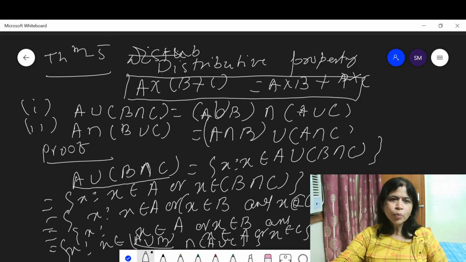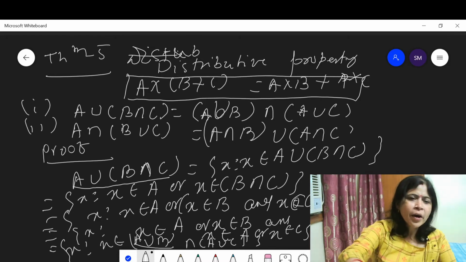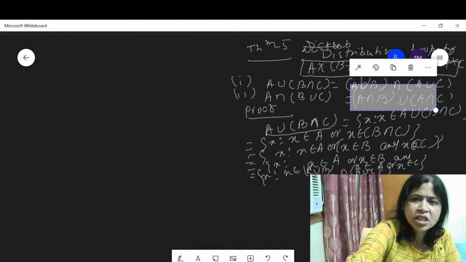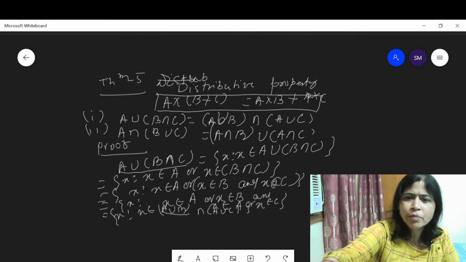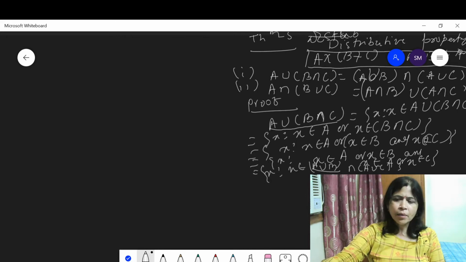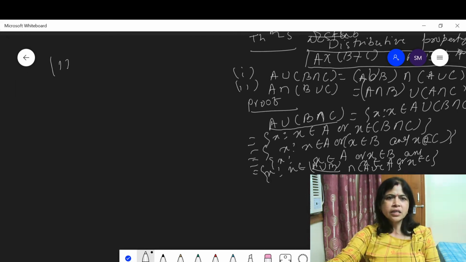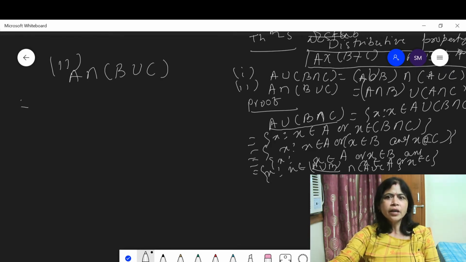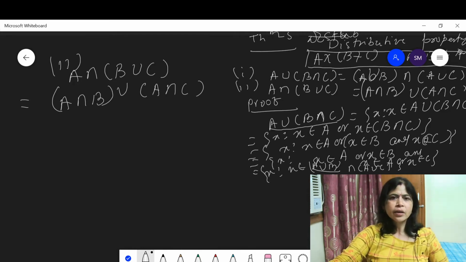Now let us prove the distributive property for intersection, the second part of the theorem. The second part says that we have to prove A intersection (B union C) is equal to (A intersection B) union (A intersection C).